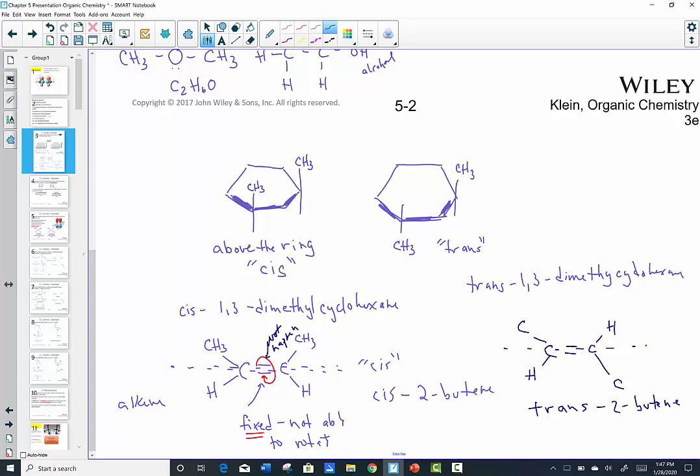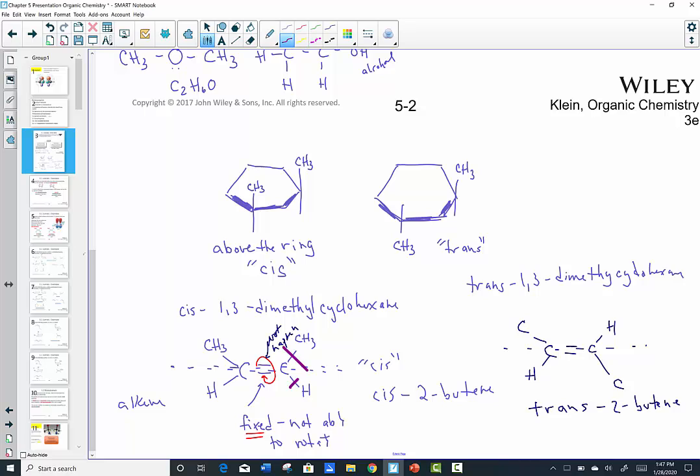Double bonds, triple bonds, do not have that same freedom of rotation as a sigma single bond. So in order to convert a cis to a trans configuration, it would require breaking a bond of the methyl group, breaking this bond of the CH group, and actually rejoining them to go from one conformation to the other.